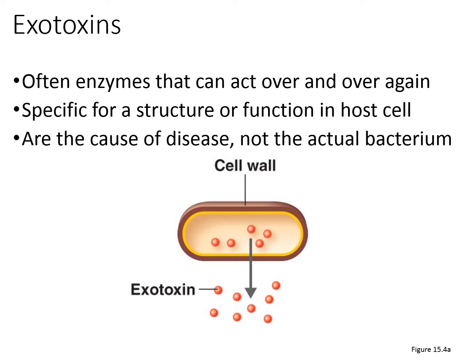So that disruption can happen many, many times just due to a nanogram, for example, of toxin. With respect to bacteria that make exotoxins, it's the exotoxin that causes the disease, not the actual bacterium.